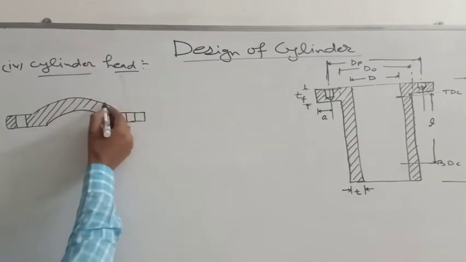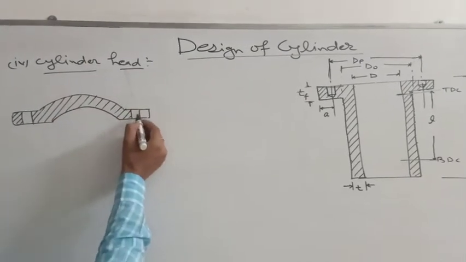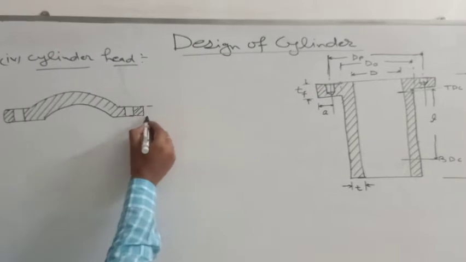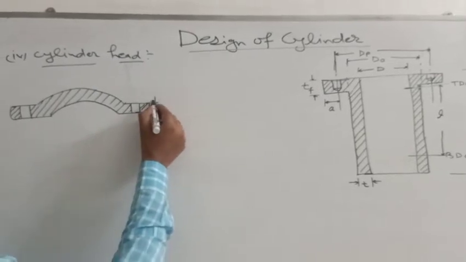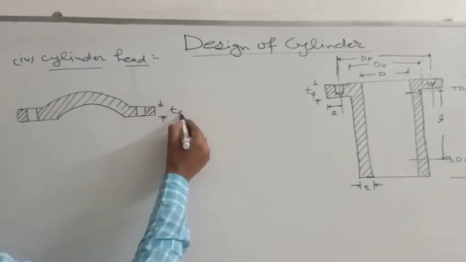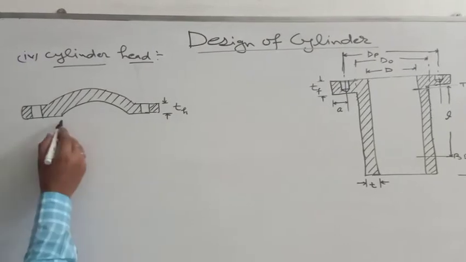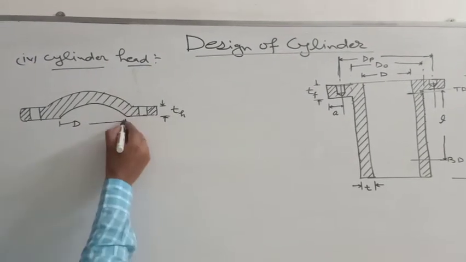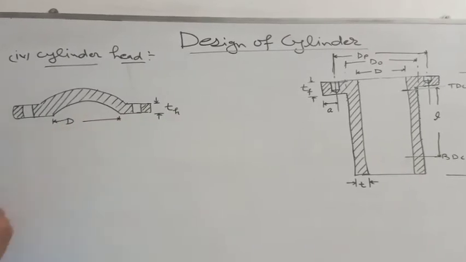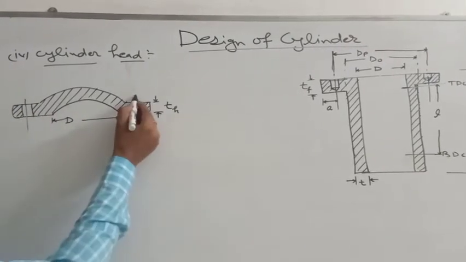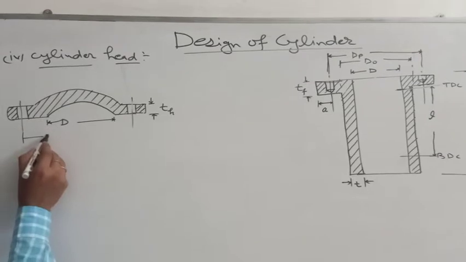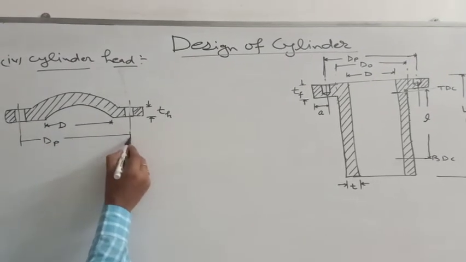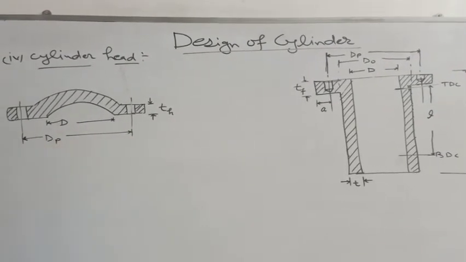Now if we want to design this, then we have to calculate the thickness. This is the thickness of the head, and this diameter is the inside cylindrical diameter d, and this diameter is dp, the pitch circle diameter for the studs.